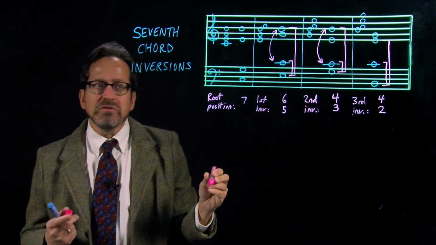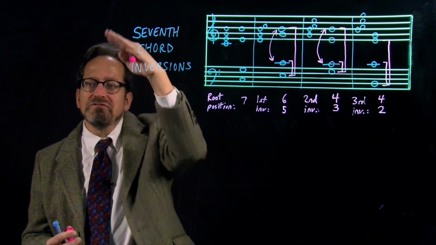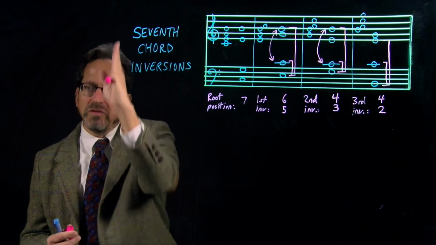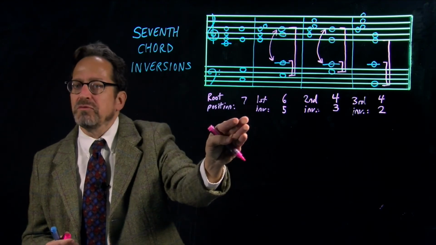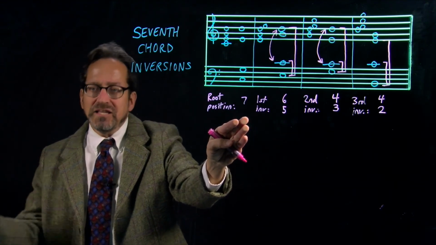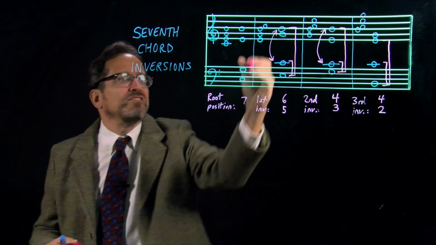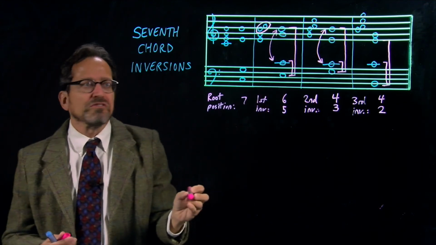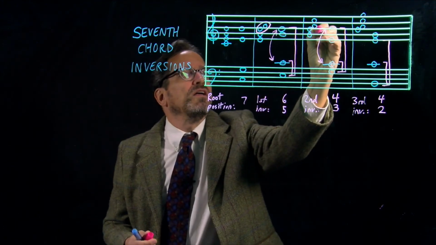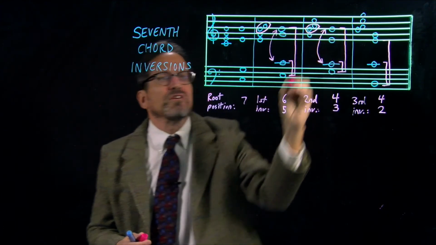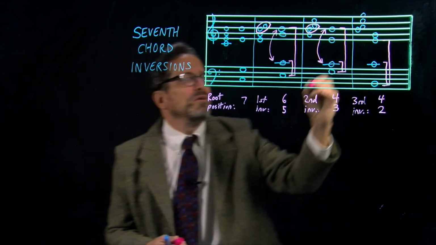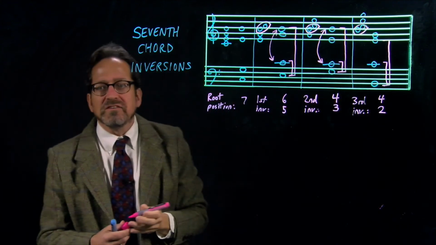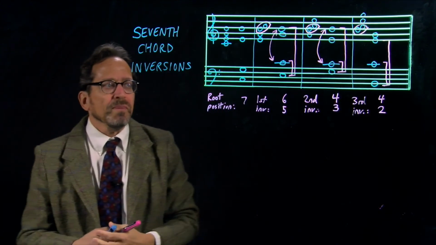And we see that when we do this, first of all, if all 4 tones just stack vertically, all of them on lines or all of them on spaces, it's going to be root position. Any inversion is going to give you a second somewhere in the chord. So we see in first inversion, we've got the second there. In second inversion, we've got the second stacked up midway. And then in third inversion, we've got the second stacked up at the bottom.